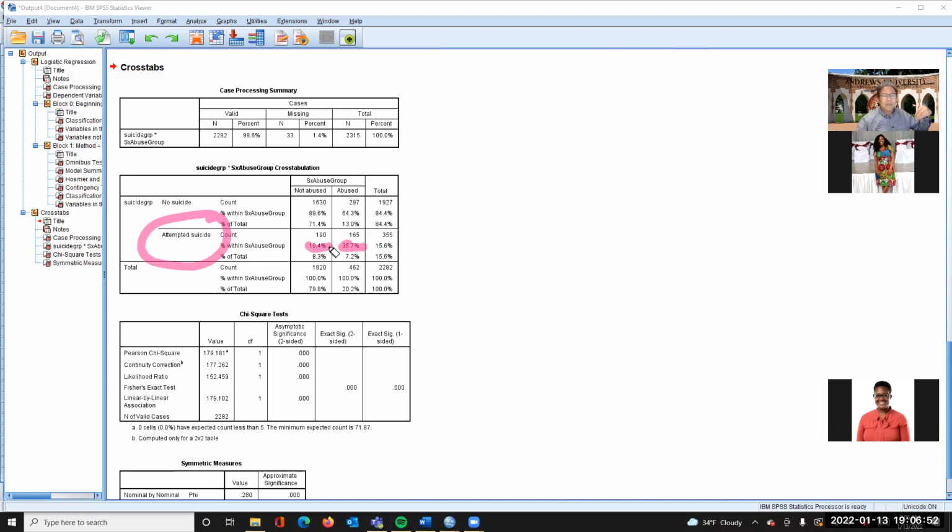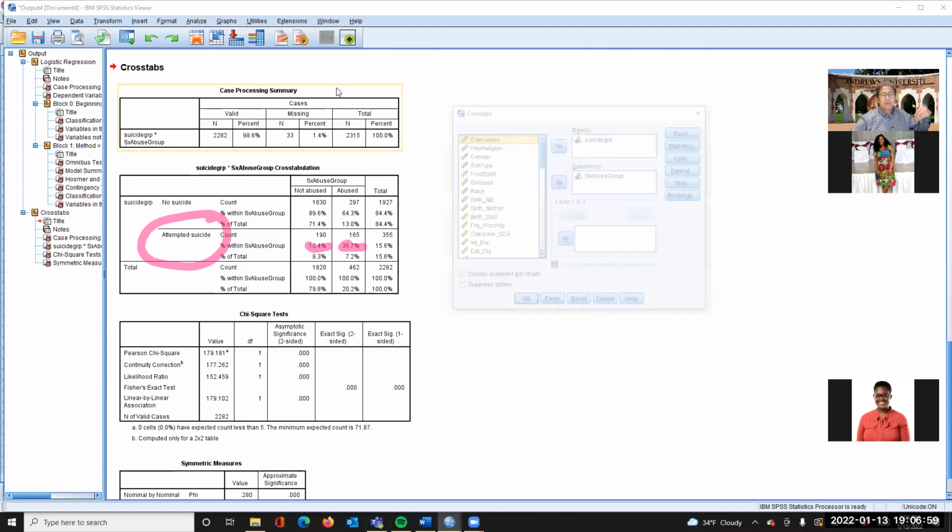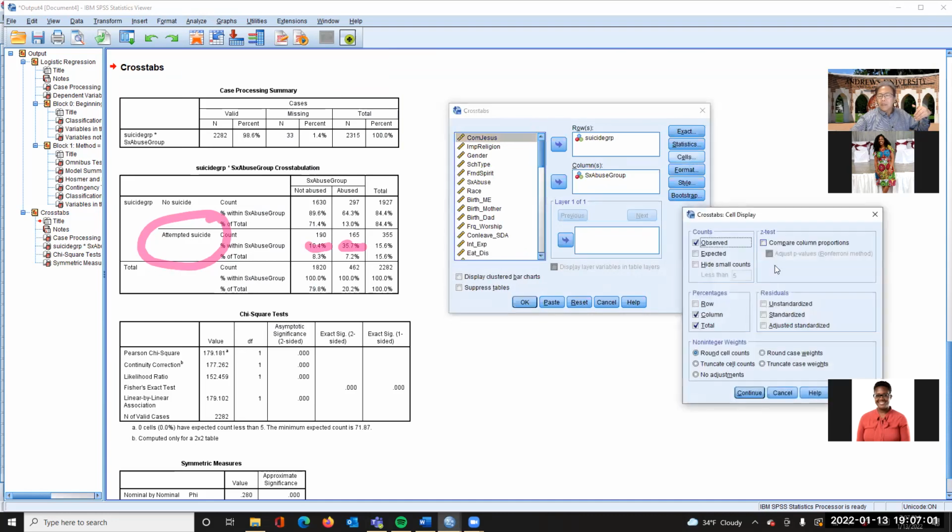Let me redo this. Might be clearer if we do this. Row.